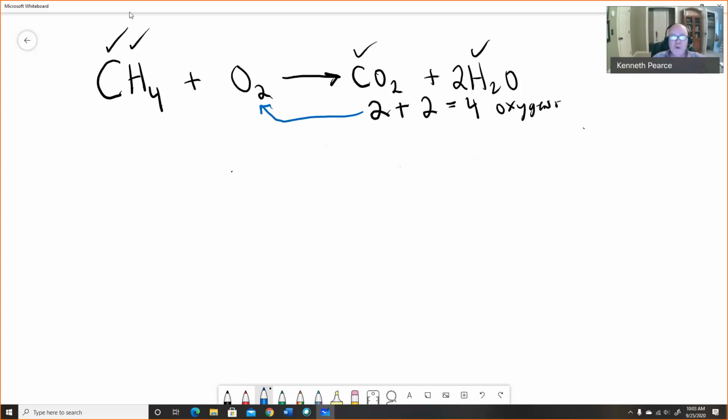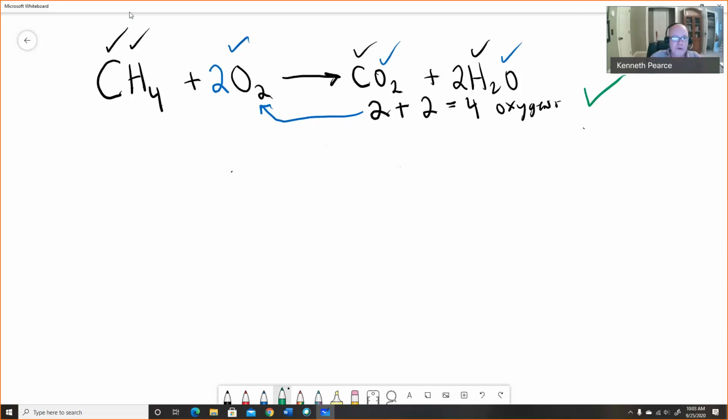Well, there's 2 in O2, so 2 times 2 gives me 4. So now I have balanced the 4 oxygens on the right-hand side with the 4 oxygens on the left-hand side. So this whole equation now is balanced.